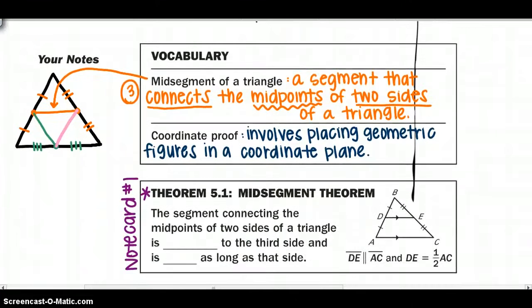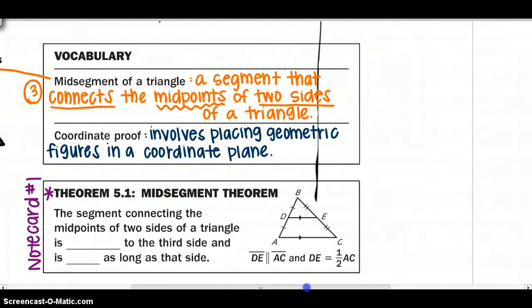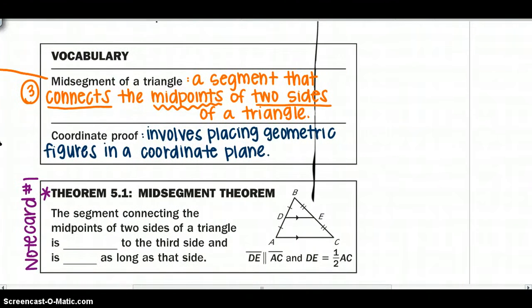Getting into the theorems of this section, our first one is the mid-segment theorem. The mid-segment theorem says the segment connecting the midpoints of two sides of the triangle, knowing that D and E are the midpoints, is parallel to the third side and is half as long as that side.